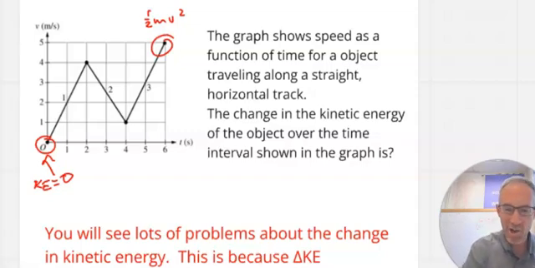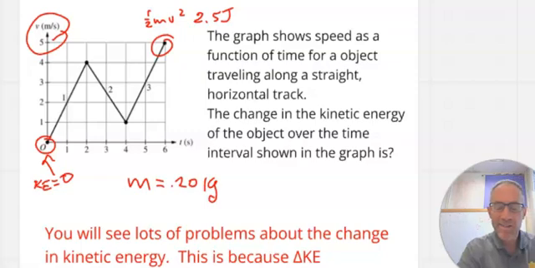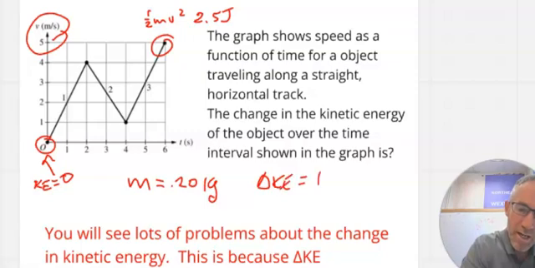I didn't copy that part on, but the mass of this thing is 0.2 kilograms, and then I'm going to take half of 0.2 times that velocity of 5 meters per second, squared, and I'm going to end up with 2.5 joules. And so the change in kinetic energy would be from 0 to 2.5, so that change would just be an increase of 2.5 joules.